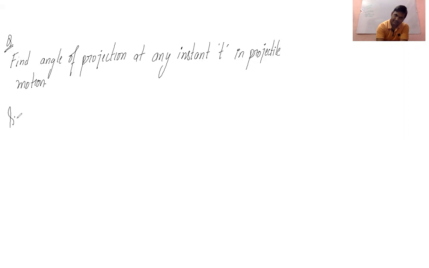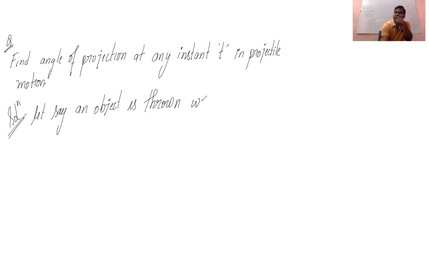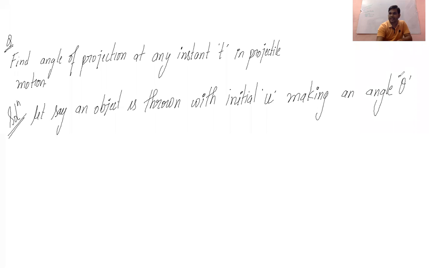So we'll assume here, let's say, an object is thrown with initial velocity u, making an angle theta from horizontal, as shown in figure.